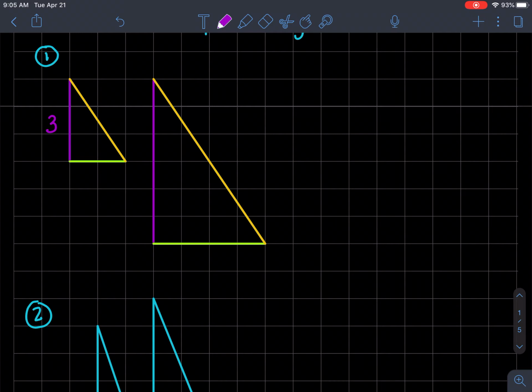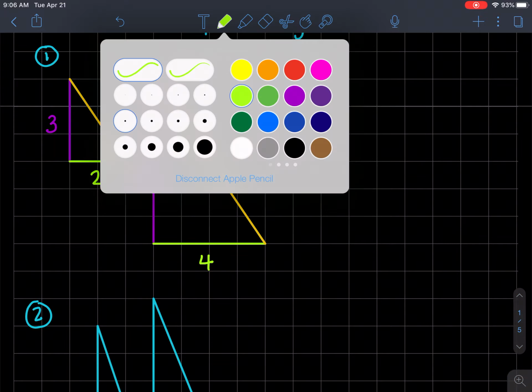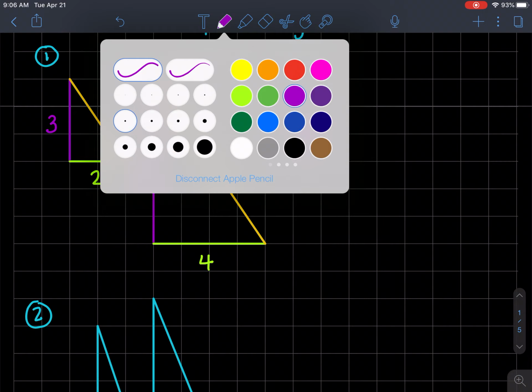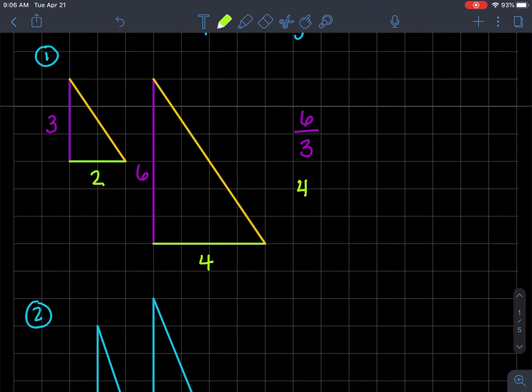And for our second shape, our image, our side length is 1, 2, 3, 4, 5, 6. Our base in our preimage, or first shape, is 2, and our base in our image, or second shape, is 4. Alrighty, so now just like before, we're going to put the corresponding sides into 2 separate fractions, and we're going to put our second shape number on top, in the numerator. So I'm going to put 6 on top and 3 on the bottom to represent our purple sides, 4 on top and 2 on the bottom to represent our bases, or our green sides.